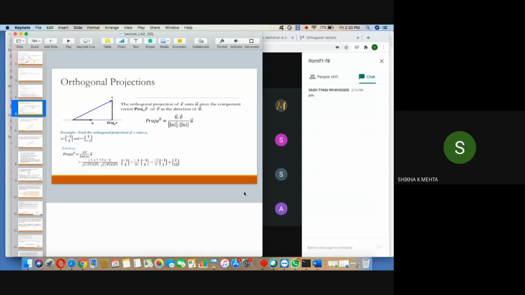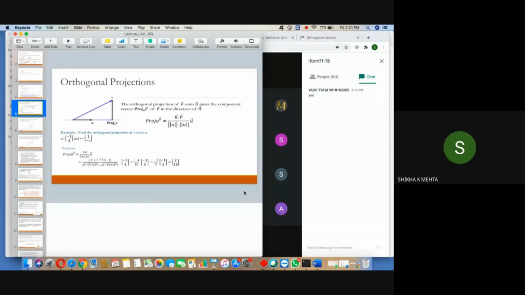From here we can understand that the projection determines the direction, in what direction we are projecting, and the projection of one vector over the other is not the same. So that is going to give us different values. A new vector means a new magnitude and a new direction.